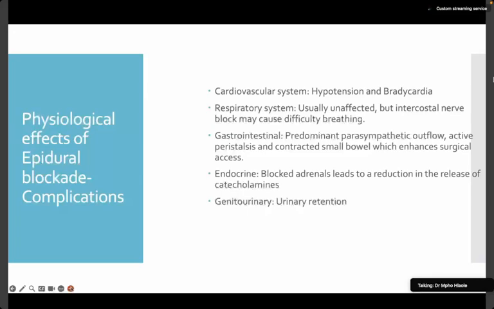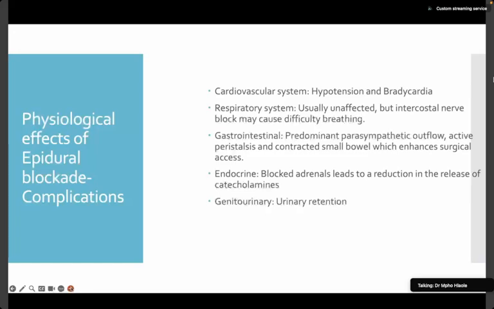because of the level of the block that you're giving. If it's quite high, the heart might be involved, and you might be blocking certain areas of the heart, and you might get a bradycardia as well. And in the respiratory system, this happens a lot with spinal anesthesia, where a patient will say, I can't breathe.